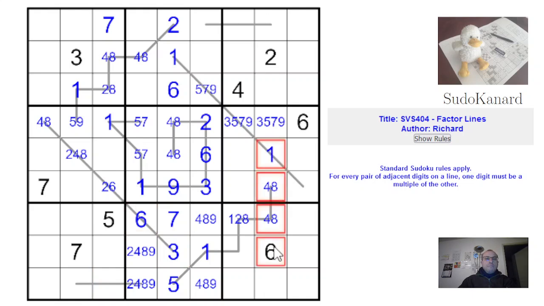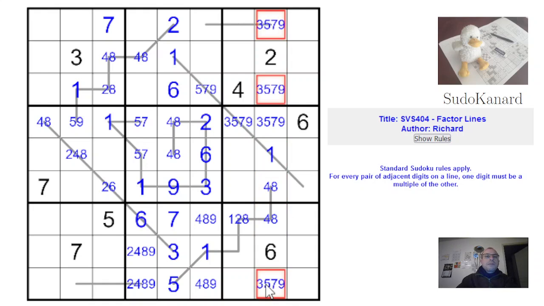In this column, we still need to place 3, 5, 7, and 9. This is not 7. This is not 5. So I tend to be on the heavy side of pencil marking, but sometimes with complicated variants, you have to do what you have to do.